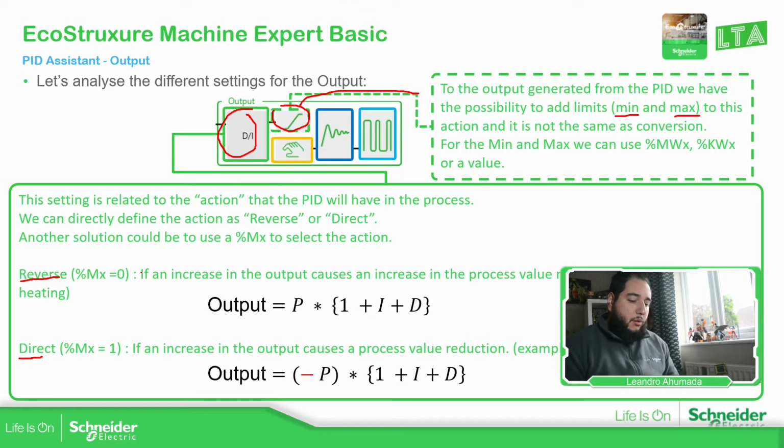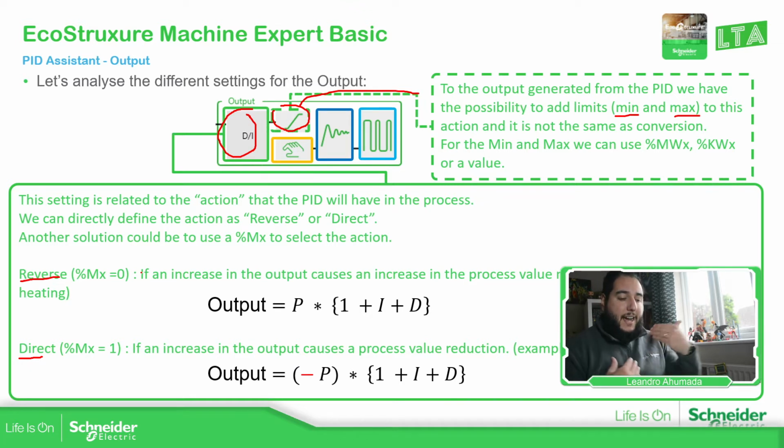You have a heater, and you turn it on in order to increase the temperature. As soon as you turn on the heater, the value that you're going to read, the temperature of the room, will increase. That is what we call reverse in the software.